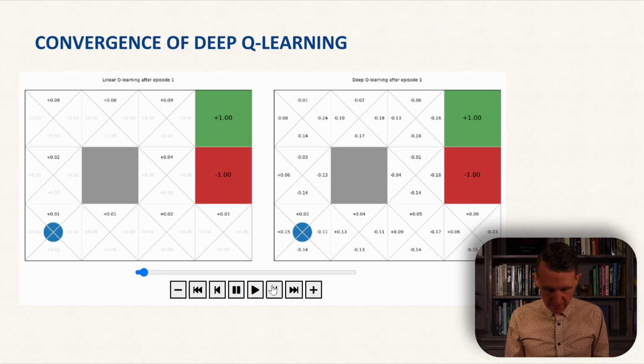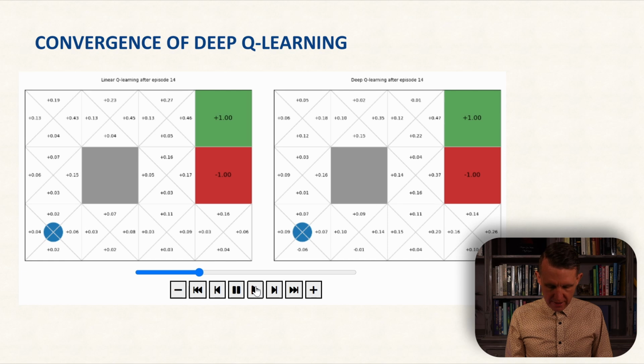We can step through and see in both cases the weights are getting updated, and early on deep Q-learning is still learning a good function as well as the linear Q-learning. If we step through all of the episodes, up to 30 episodes, we can see that both of them start to converge towards a good policy.